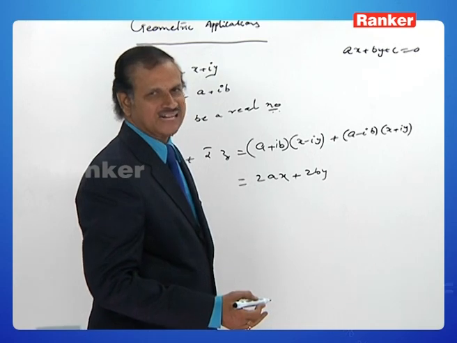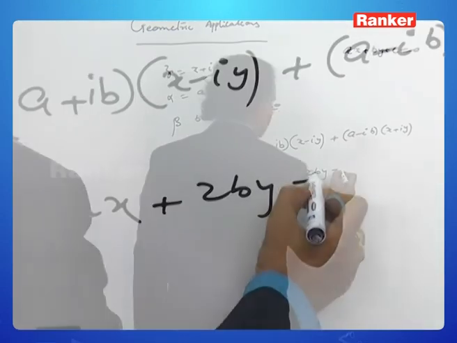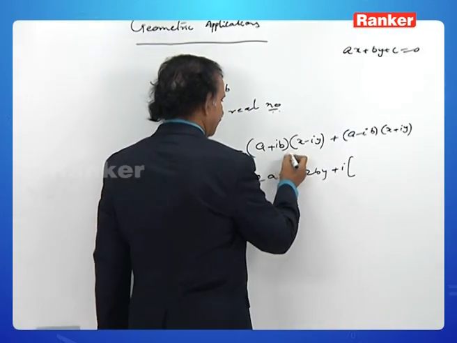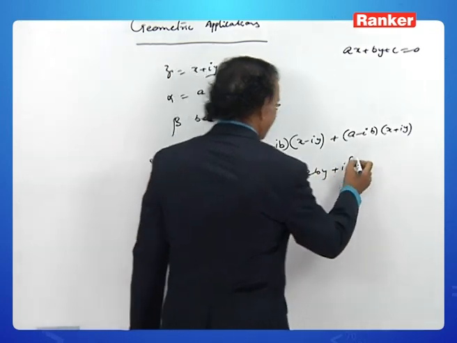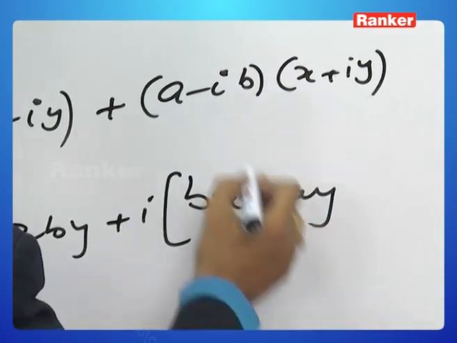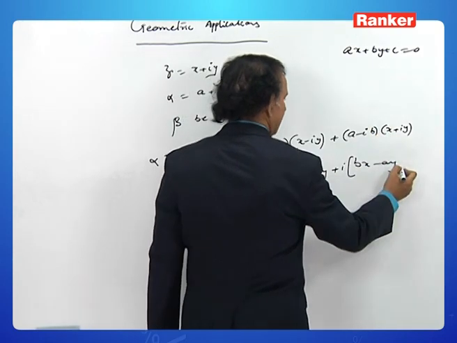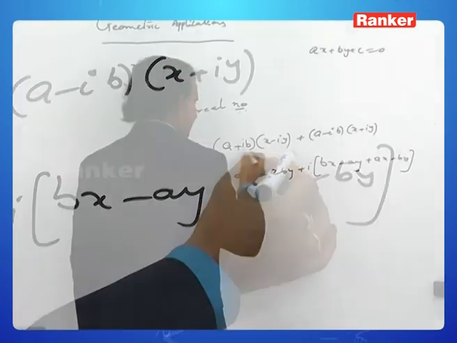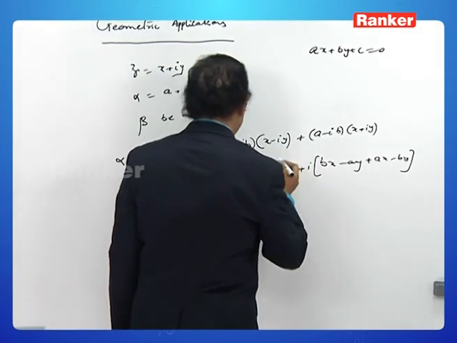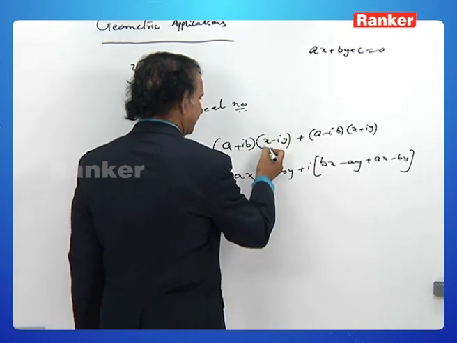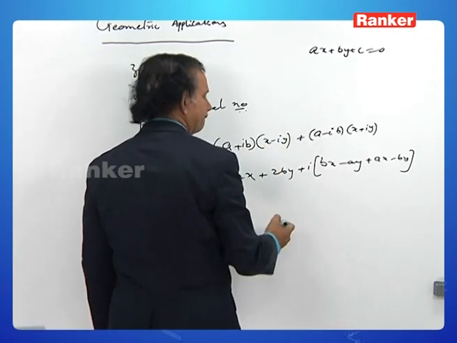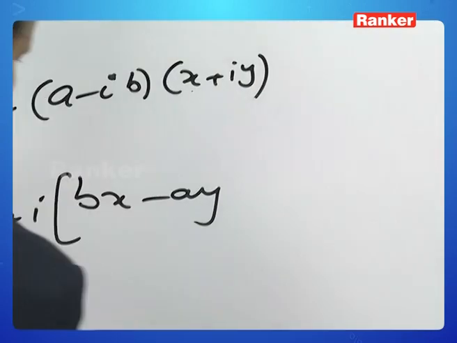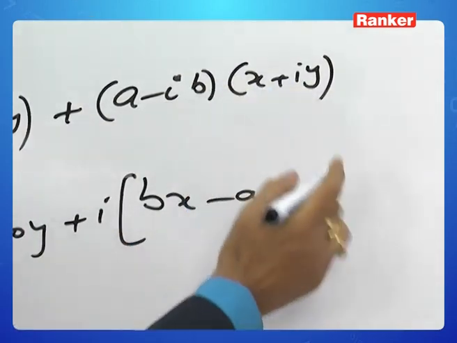Now, let me collect the imaginary part, plus i into, let us see what happens. i into (bx minus ay). And here ax minus by. So that ax, i into (bx minus ay). Here minus bx plus ay. Here ay minus bx.